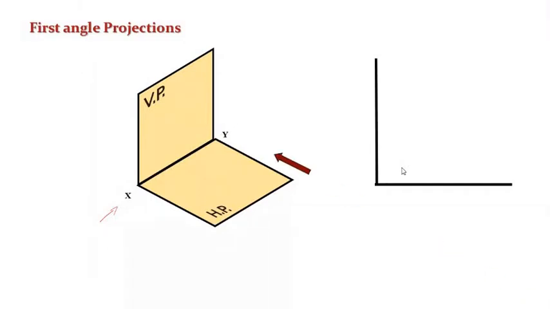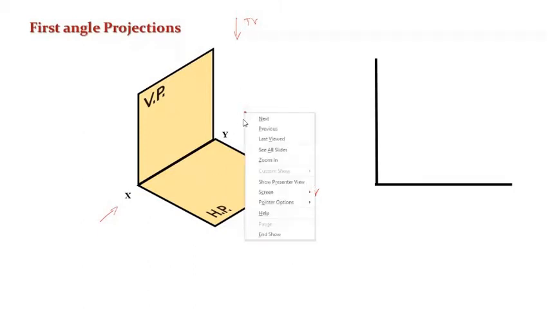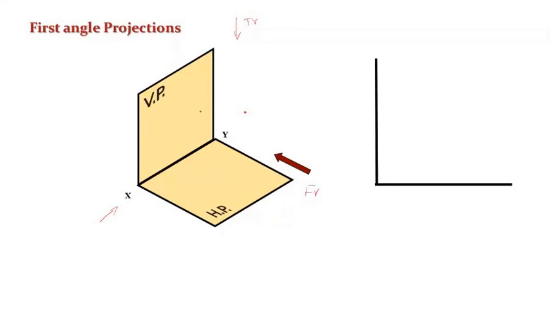This will be the position of the observer for front view and the position of the observer for top view. For instance, I have a point something like this, and the point will be projected like this for front view. You will get it here, and the projector for top view, you will get somewhere here.